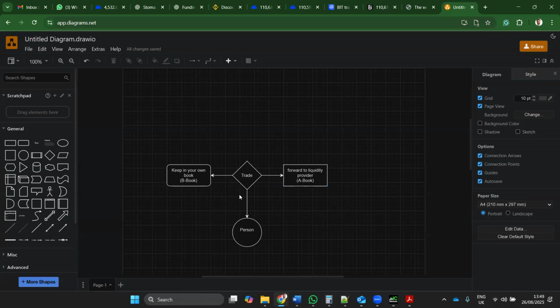So this is the broker trading system. If the broker forwards the trade to the other, the broker will only make commission, which is a very small amount. But if the broker keeps that trade with themselves in their B book, if you lose, they will make a lot of money. But if you win, they will lose a lot of money. So there's a risk.